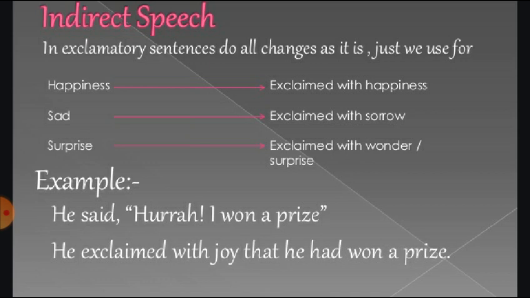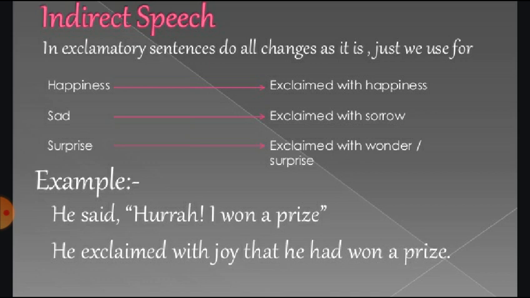And another thing, as you have studied, the second form of verb or V2 is changed into had V3, or past simple tense is changed into past perfect tense, if the reporting verb is in the past tense. Here the reporting verb is said, which is V2 or past simple.